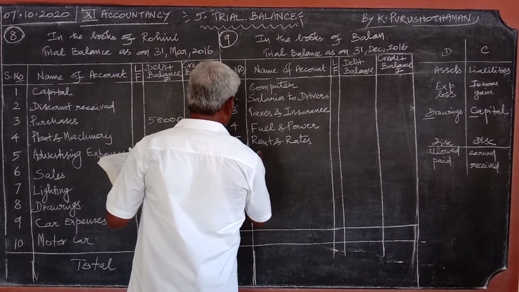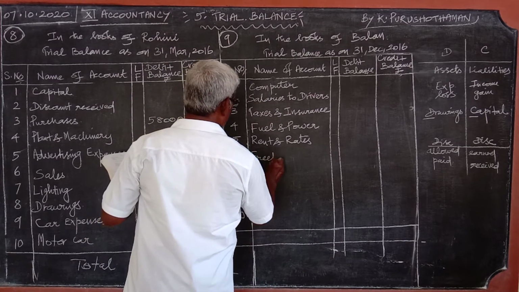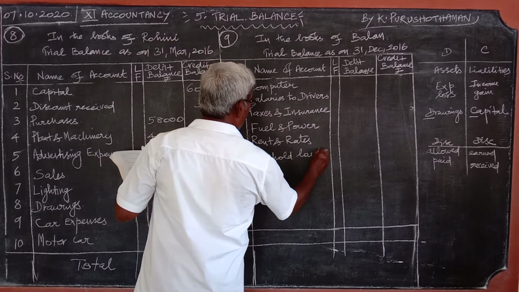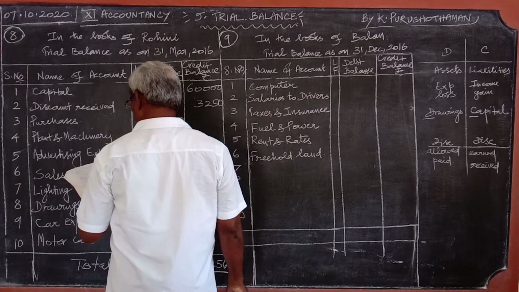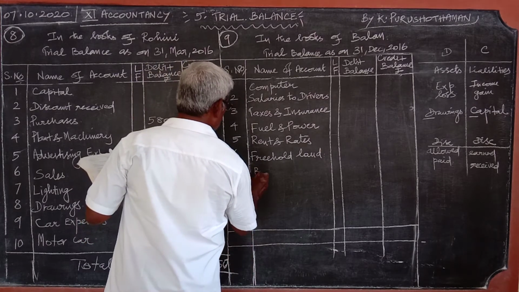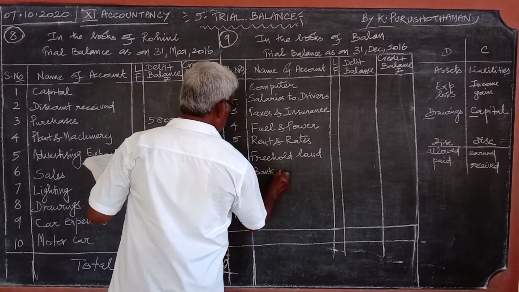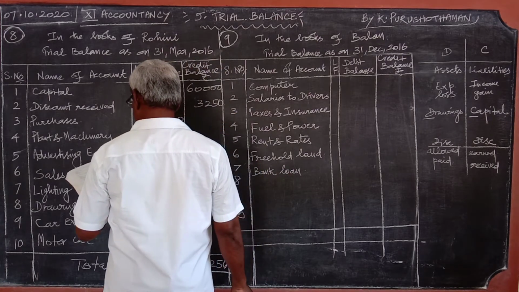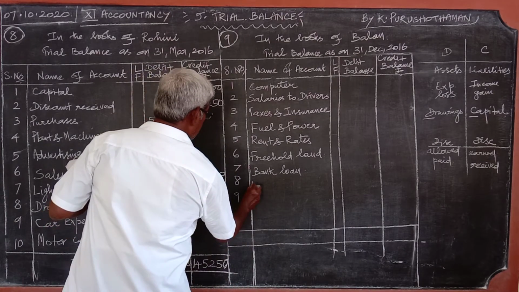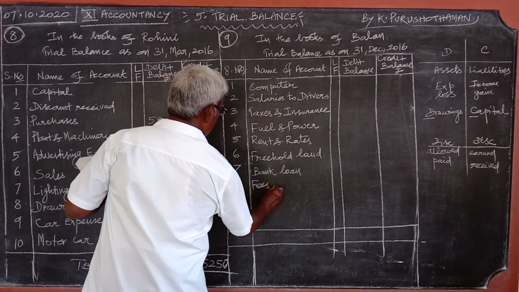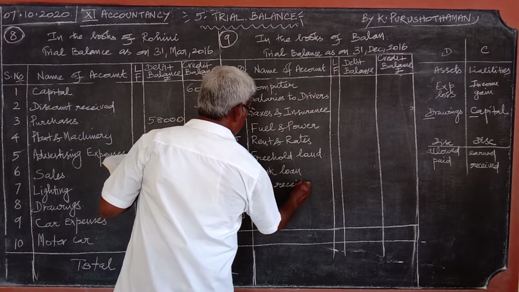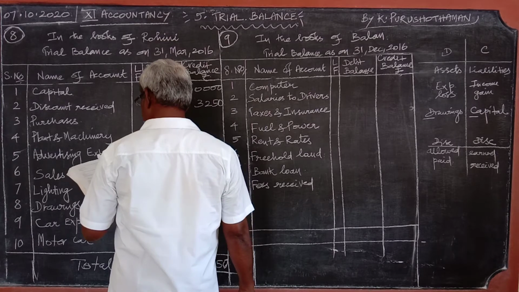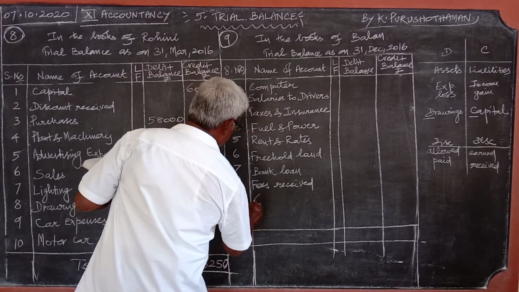Freehold land. Bank loan. 10. Fees received. Then next one, capital.